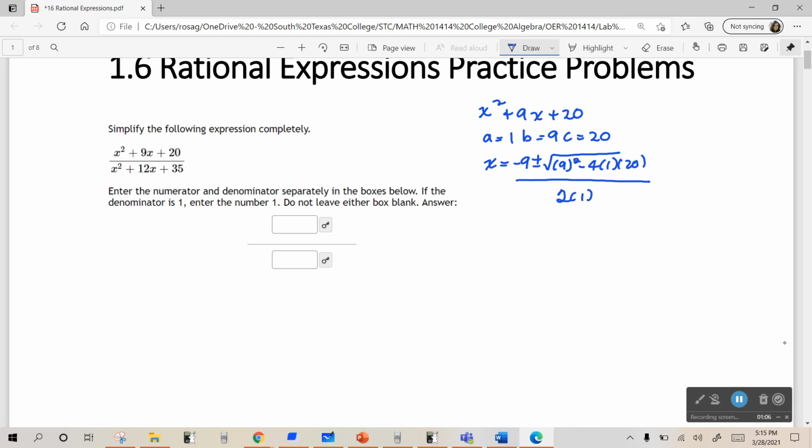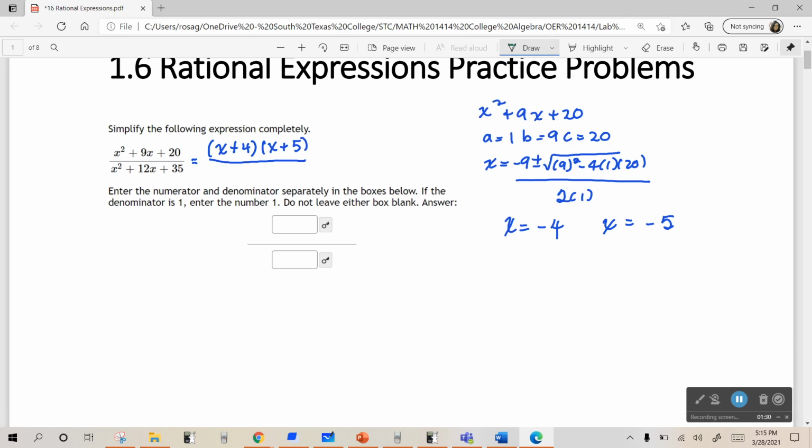I'm doing the calculations over here. So you get -4 and -5. When it comes to factoring, you would do x plus 4, x plus 5. Remember you change the signs.